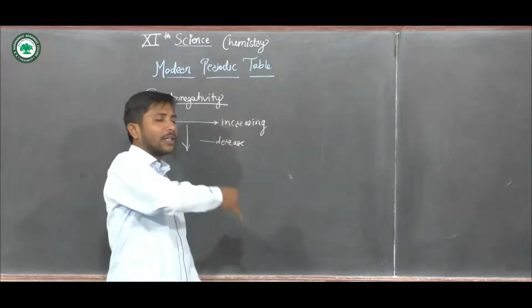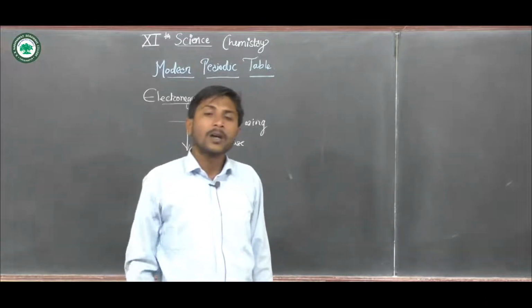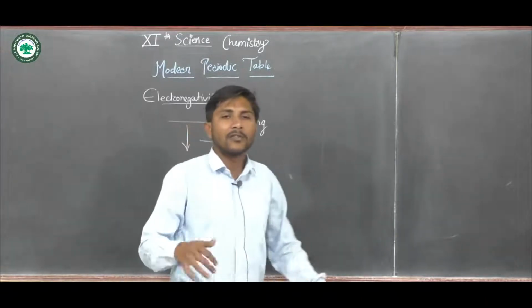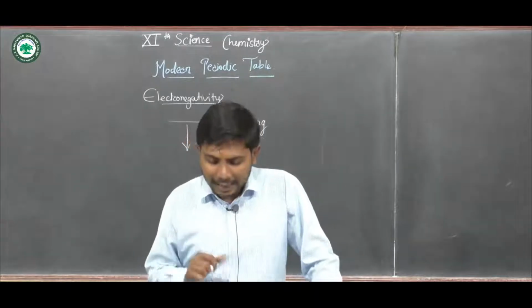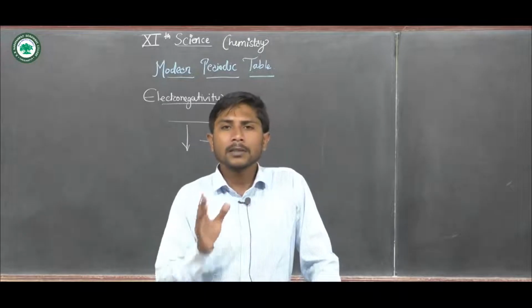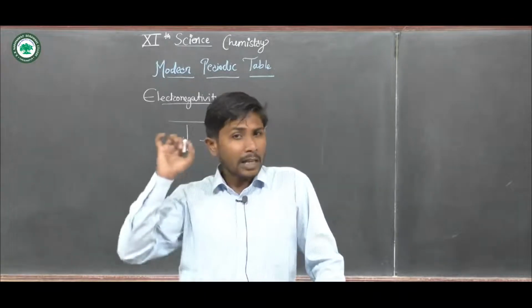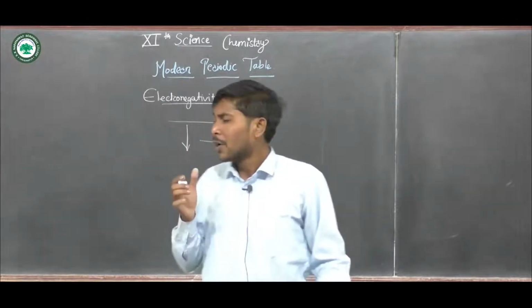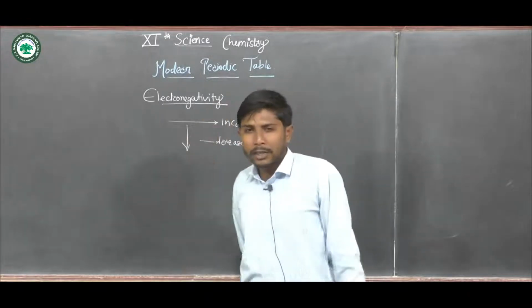And while going down the group, there is the addition of a new orbit, which clearly means the distance between the nucleus and the electron goes on increasing, which decreases the electronegativity.